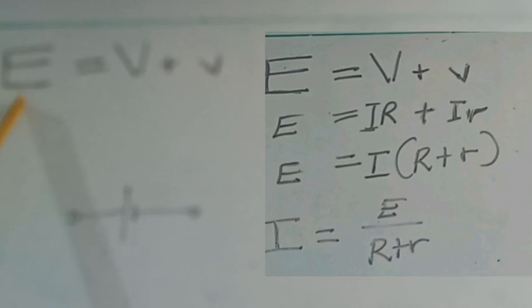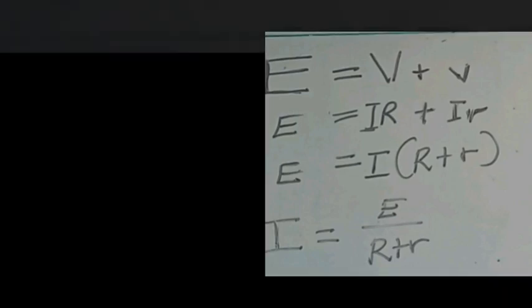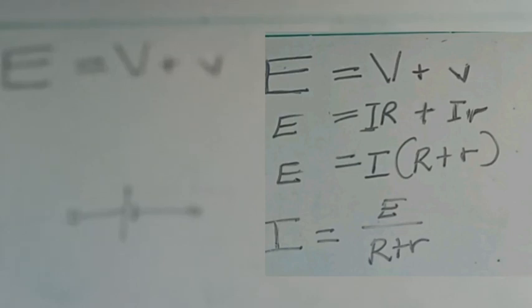EMF of a cell is the potential difference between the terminals of a cell when it is in an open circuit, that is, when it is not delivering current to an external circuit. An open circuit is one where no current flows.